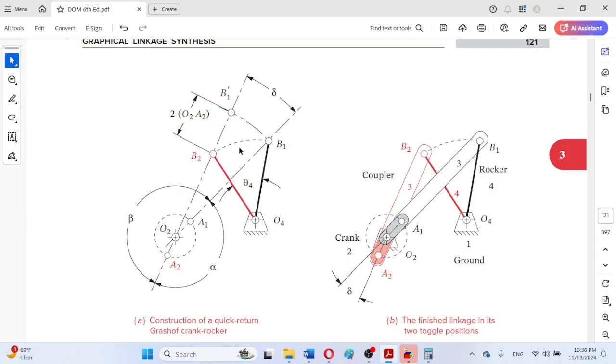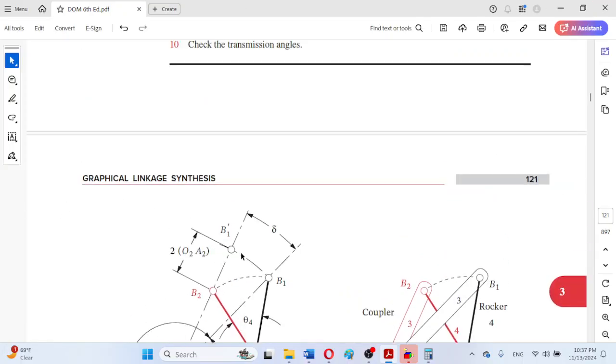In the forward stroke it will take more time and the rocker will be moving slowly from B1 to B2, and while reversing from B2 to B1 the rocker will be quickly returning, while the crank will be moving with constant angular velocity while rotating 360 degrees.